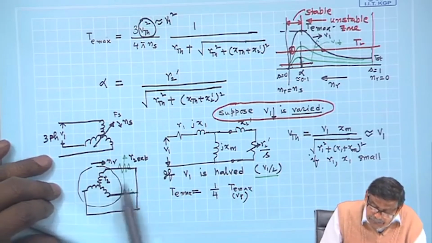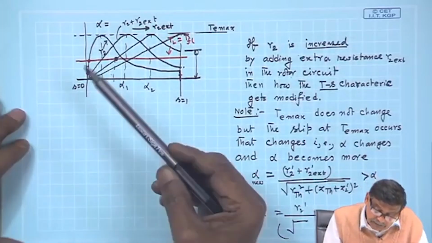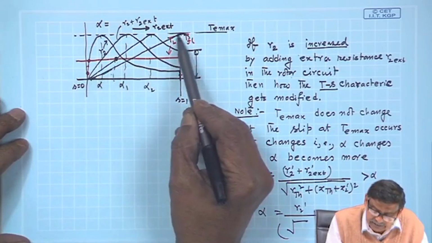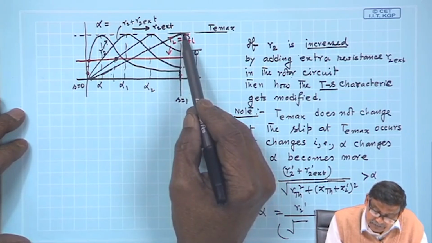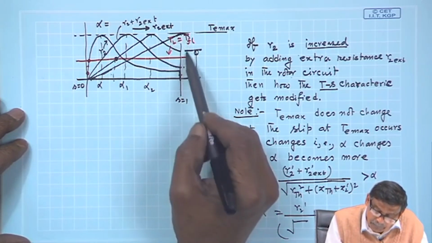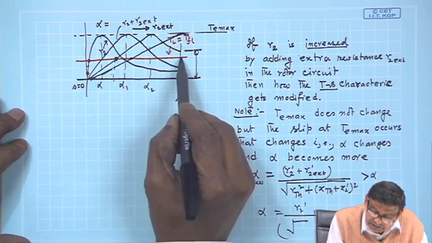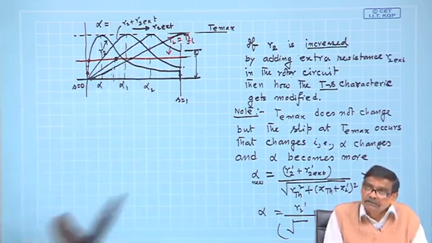But which torque slip characteristic will it follow? If you have added enough rotor resistance such that it is modified here, then the machine will accelerate fast and the operating point will shift, and this is the point of intersection, this load torque is present, it will run at this speed.